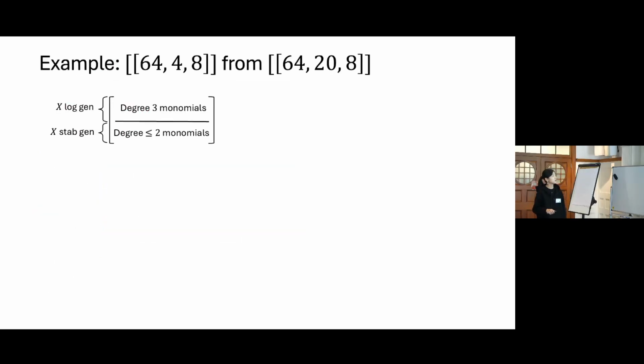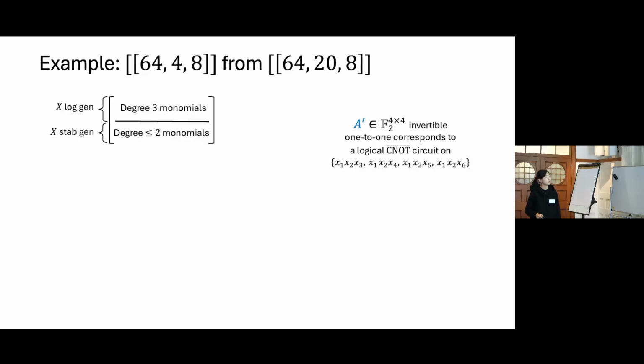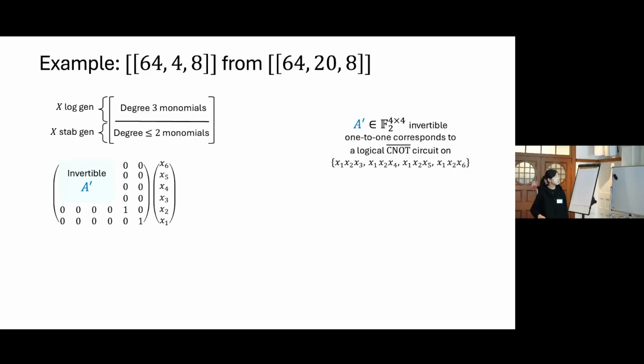So another example, this one we actually perform a lot of numerics on, the code [[64,4,8]]. It can be obtained from this code. So this one, X logical generators are the degree 3 monomials and X stabilizers are degree less than or equal to 2. So here, we can, again, only consider a subset of automorphism permutation.